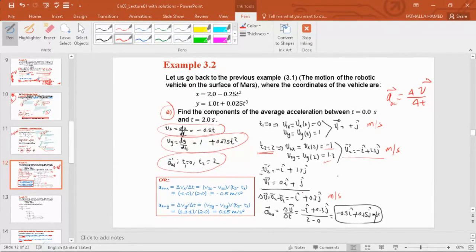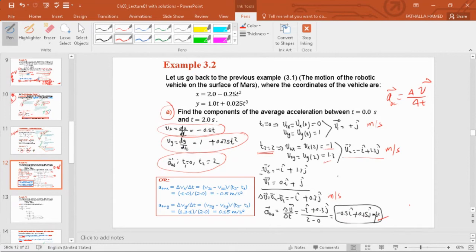That's your delta V. If you take the average, which is delta V by delta t, it will be minus i hat plus 0.3 j hat divided by 2. And that will give you minus 0.5 i hat plus 0.15 j hat meters per second squared. And that's how you obtain your average acceleration.